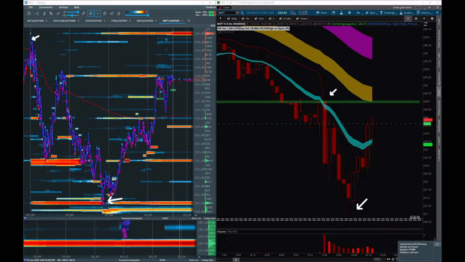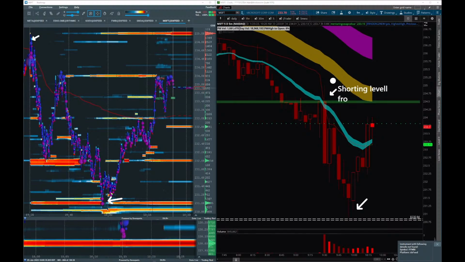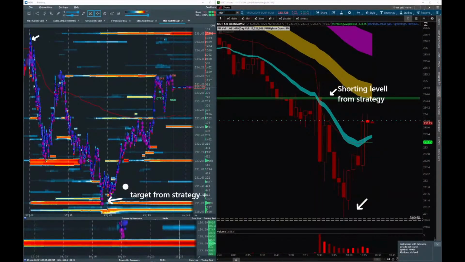Okay, so the first part of our analysis and our watch list was trading over here the shorting level from strategy and target from strategy plus Bookmap.